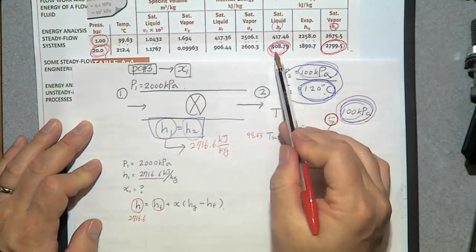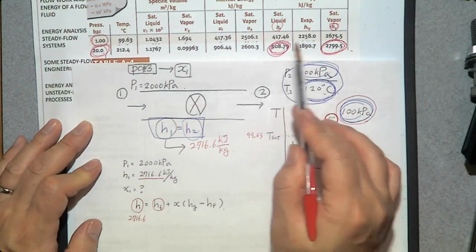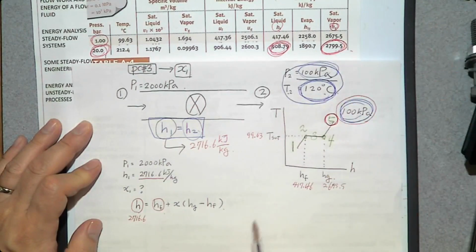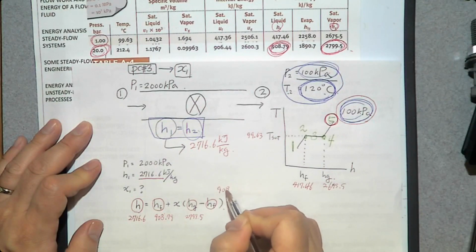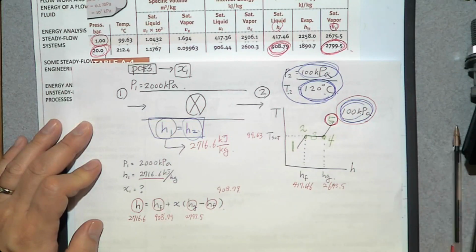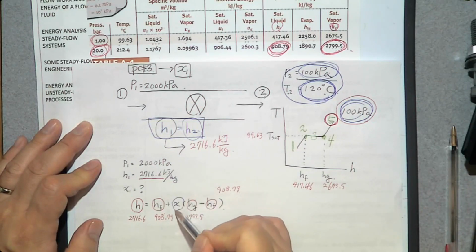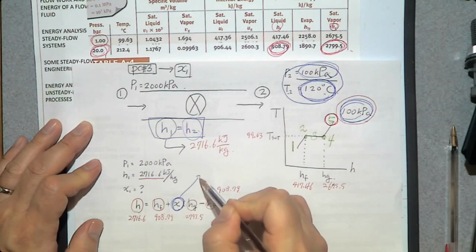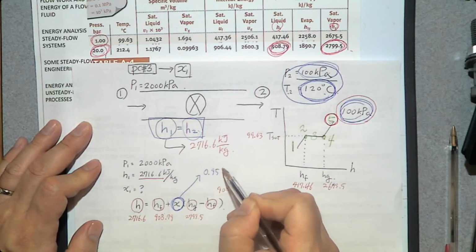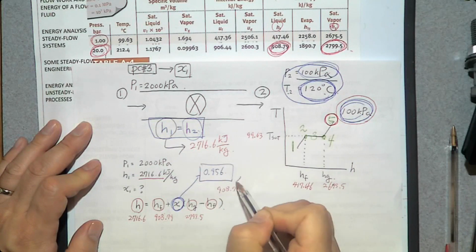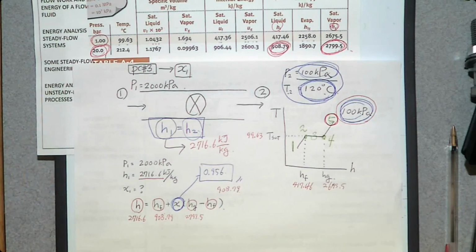So let me use these two values and write them on this equation. hf is 908.79. hg is 2799.5. h is 2716.6, hf is 908.79. We have everything. Can you determine quality X? Yes, you can. If you do, you get 0.596. That's how you solve this problem.